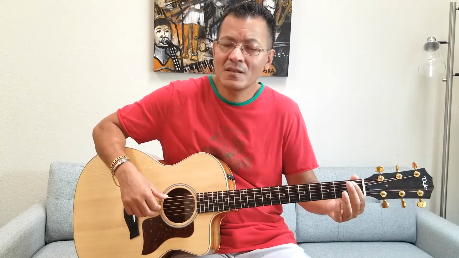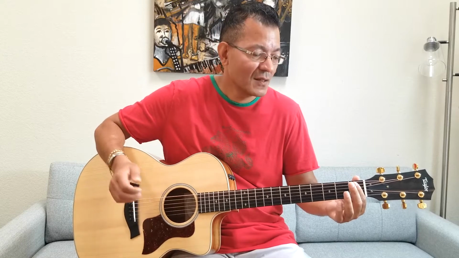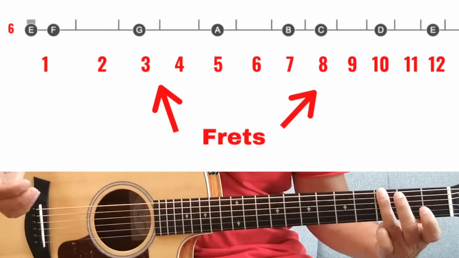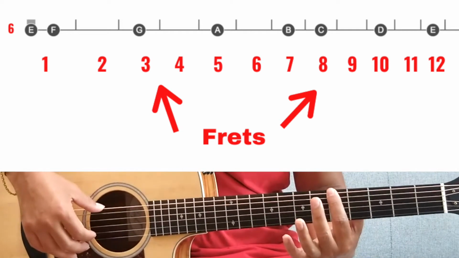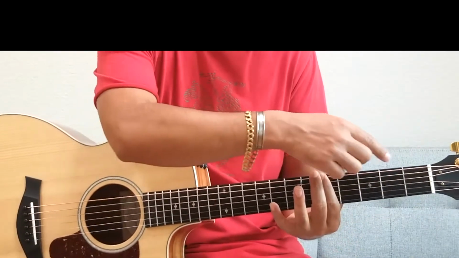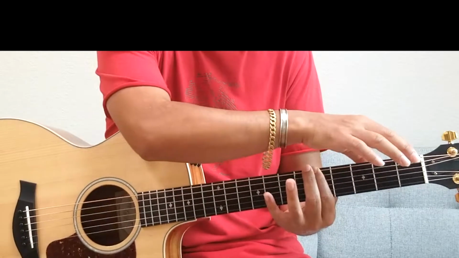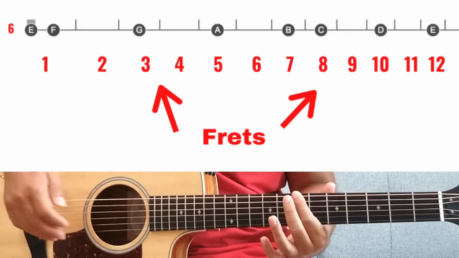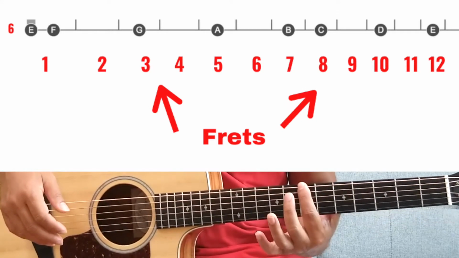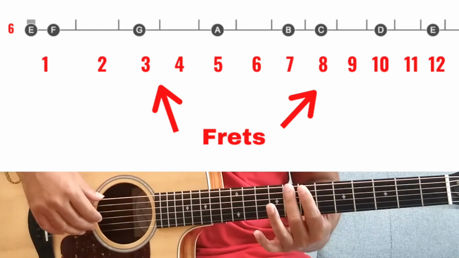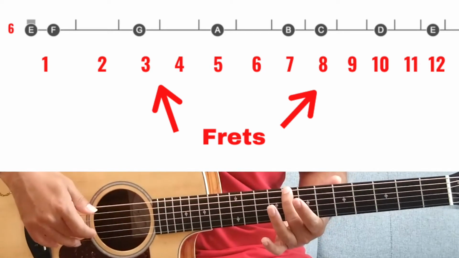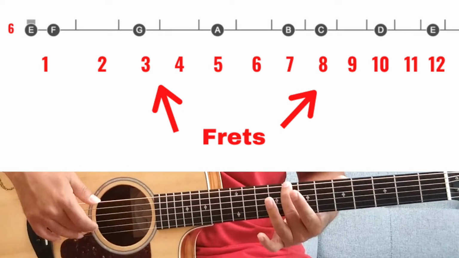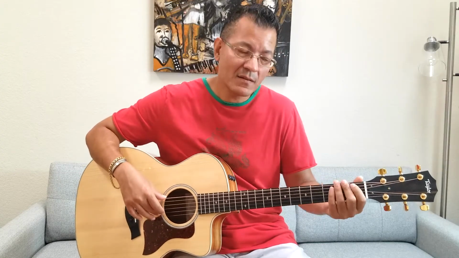There are some ways to do that. This is E, right? The first fret is F, the 3rd fret is G, the 5th fret is A. You see the pattern goes on odd numbers: 1, 3, 5, 7, with the exception of the C note, which is on an even fret. So try that.